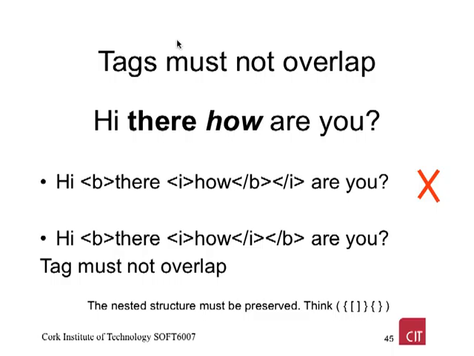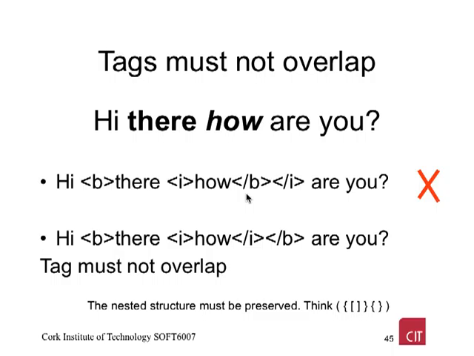So what we've done here is we've said "hi", we've used the B tag to begin bold, we're saying "there", so "there" is going to be in bold, fair enough. We have the I tag to turn on italics, and then we have "how", so "how" is going to be both in bold and in italics. And next up here then we're turning off bold, and then we're turning off italics, but that's wrong.